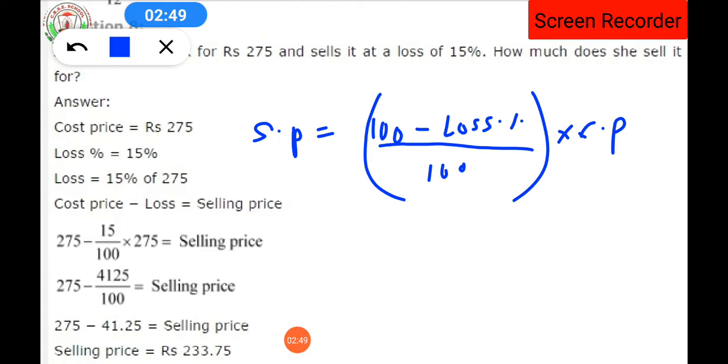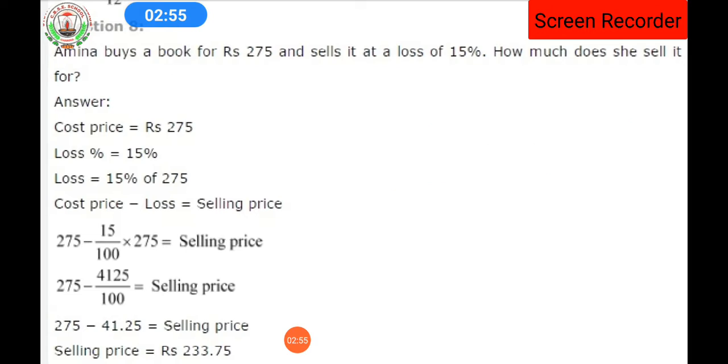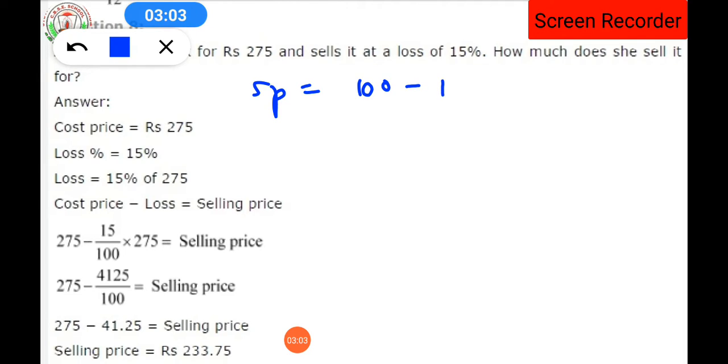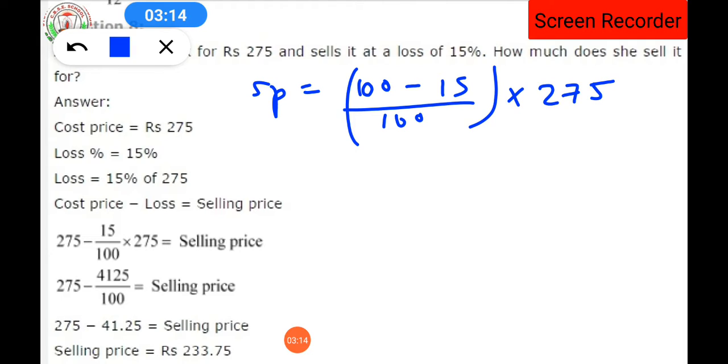Now what we have to find? We have to find the selling price. So as we know from the formula, SP is equal to 100 minus loss percent, that is 15%, upon 100 into the cost price, that is 275 rupees, isn't it?